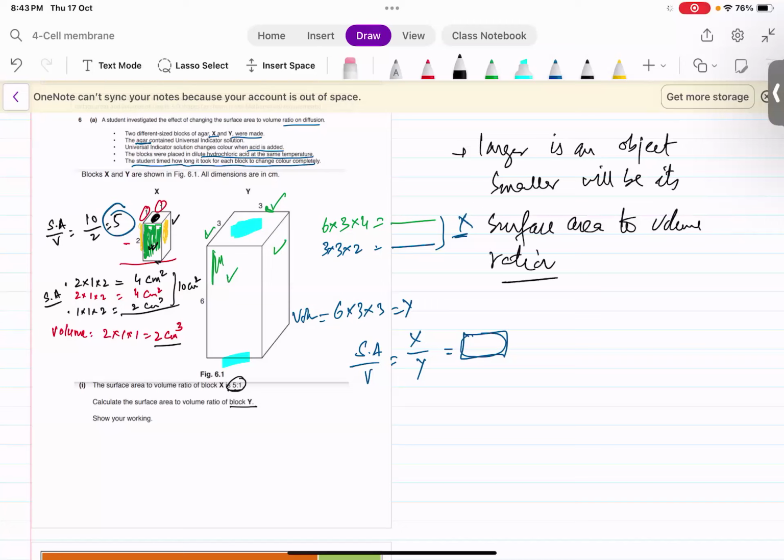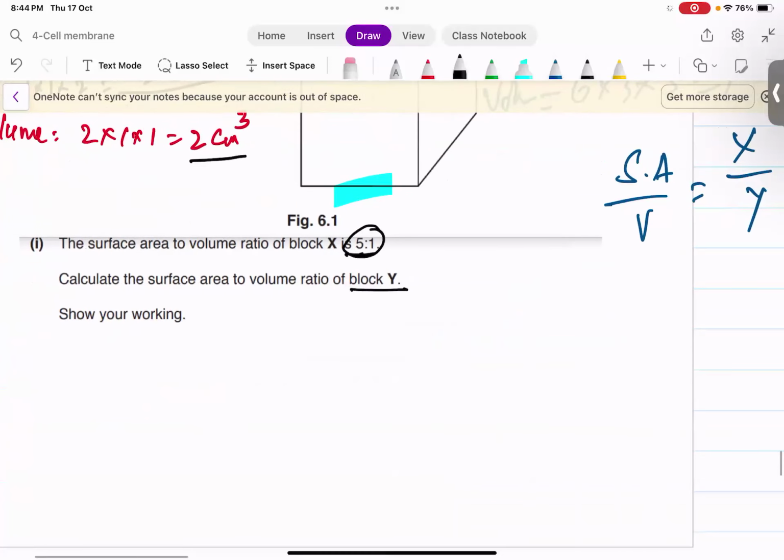So smaller objects have greater surface area to volume ratio, whereas larger objects have smaller surface area to volume ratio. Now let's see the question. The surface area to volume ratio of block X is 5:1, that we have already calculated. Calculate the surface area to volume ratio of block Y. Similarly, we can calculate the surface area to volume ratio for Y.